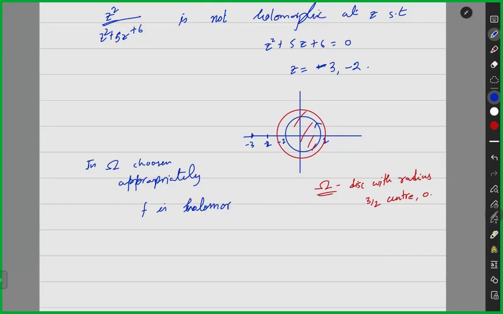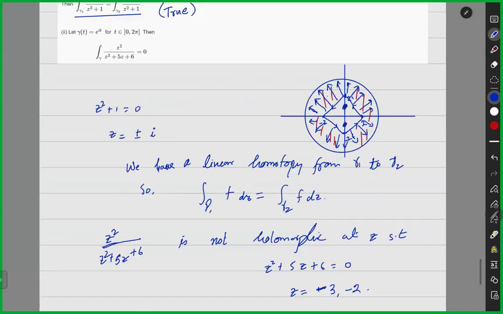We can use our Cauchy theorem. Using the Cauchy theorem, we get the integral of f over gamma dz is equal to 0.